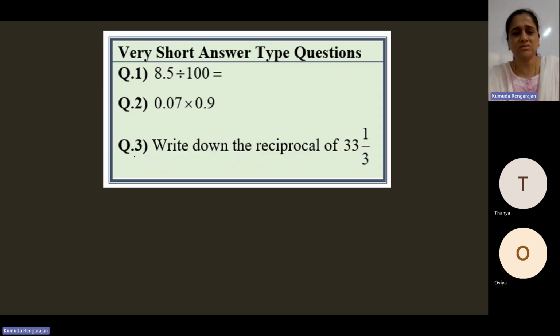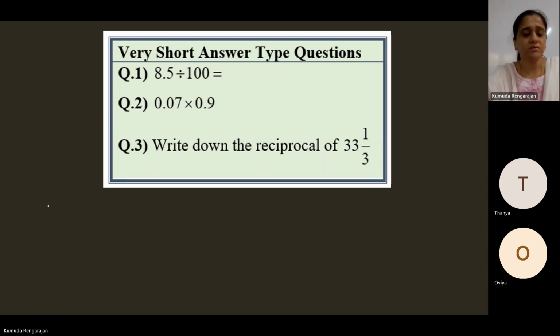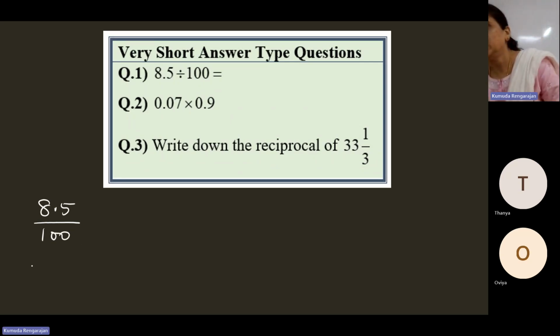Okay, we'll quickly see the answers. What is 8.5 divided by 100? What's the answer? When you divide by 100, you must shift the decimal point to the left by 2 decimal places.